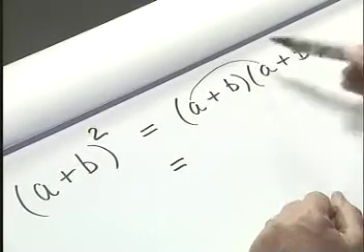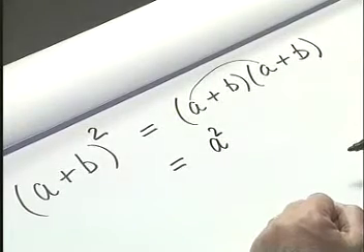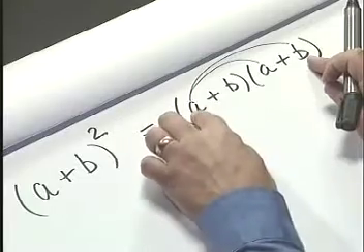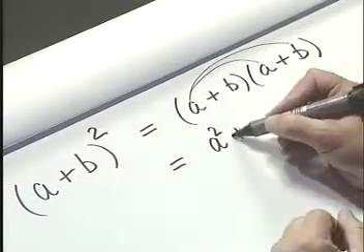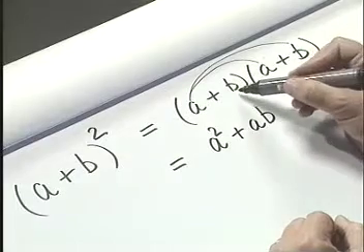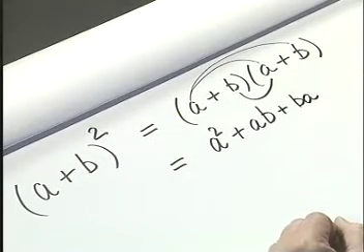A multiplied by a gives us a squared. A multiplied by b will give us a times b, or just ab. B multiplied by a gives us ba.